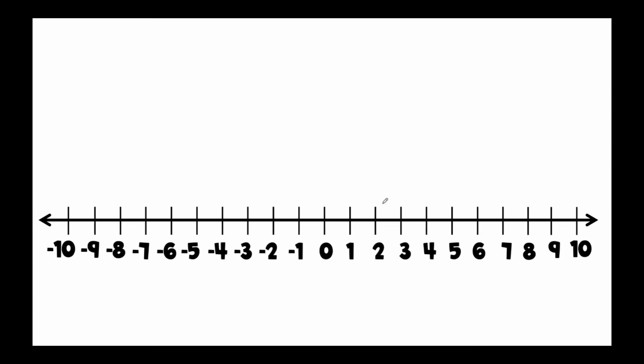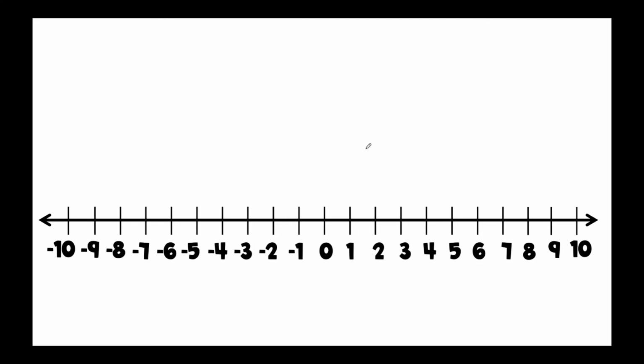Let's see. The opposite of negative 7 is positive 7, because that's the number that is situated at the same distance from 0, but in the opposite direction on that number line.